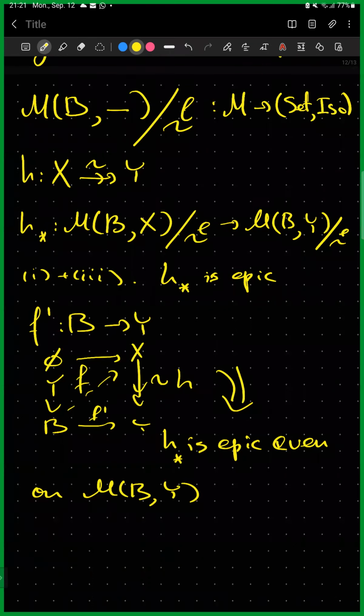Now, let us show that if we have two left homotopic maps from B to Y, then they were in fact homotopic before we composed. Okay, well, let me write this down. So assume that HF is left homotopic to HG.